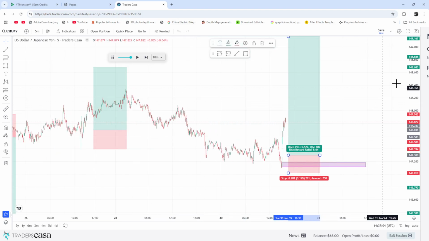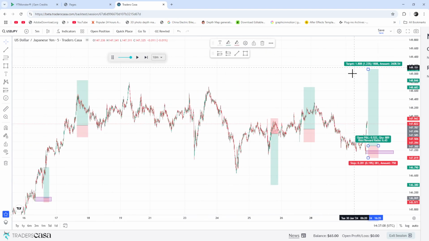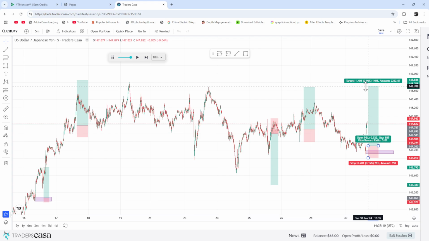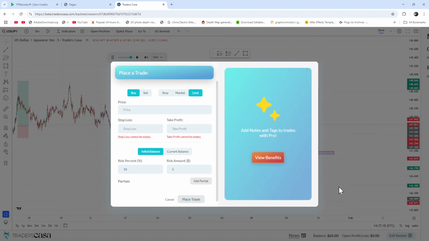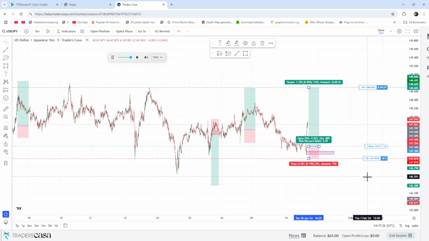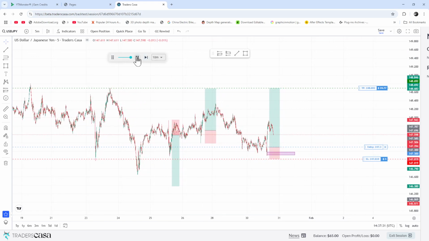Targeting again that far. I can't really remember where it was, but somewhere around here. So let me see how this will play out. I want to risk again $5 to get 16. Remember, you click this before clicking on place order. So let me play and see what will happen.